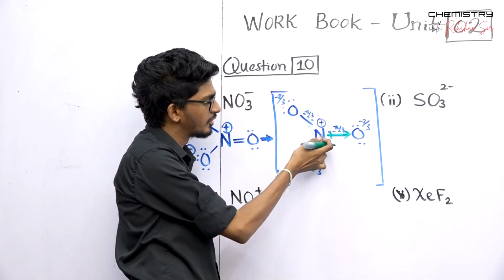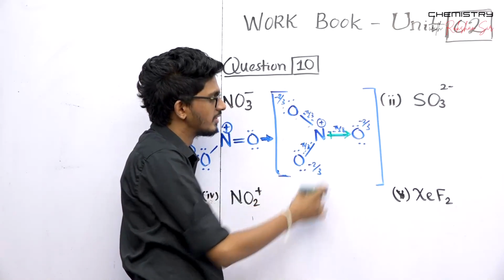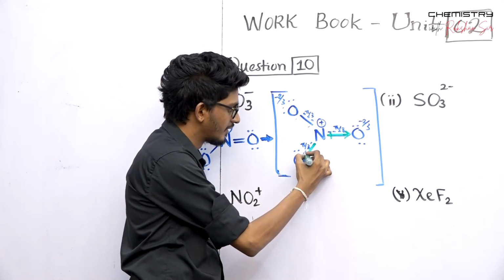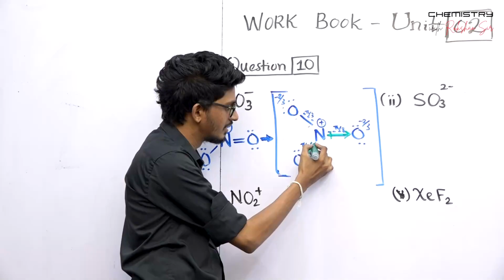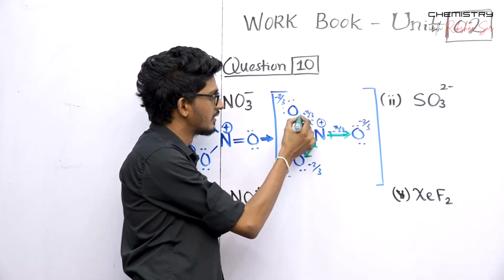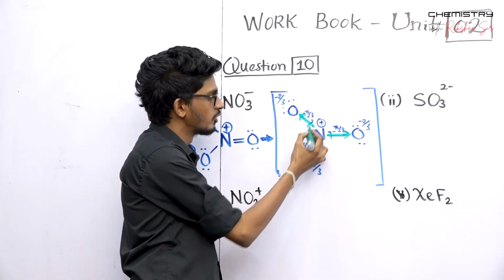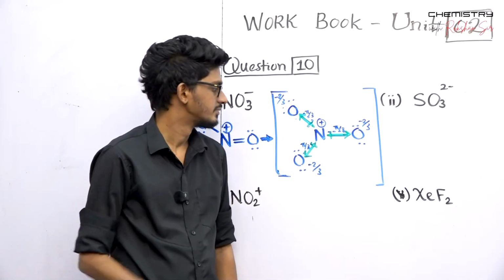The electropositive atom gets the tail, and the electronegative atom gets the arrowhead. So here as well, the electronegative atom gets the arrowhead, and the electropositive atom gets the tail here. So 3 dipole moments could be marked like this.